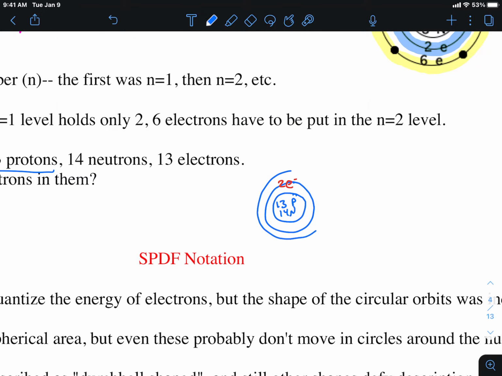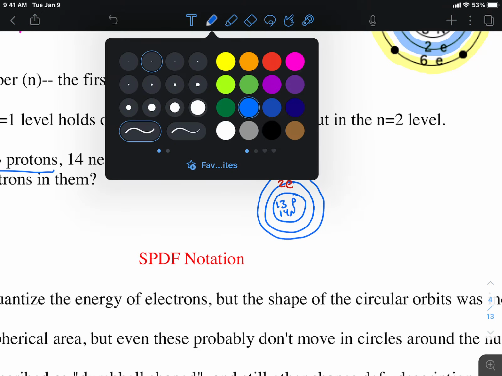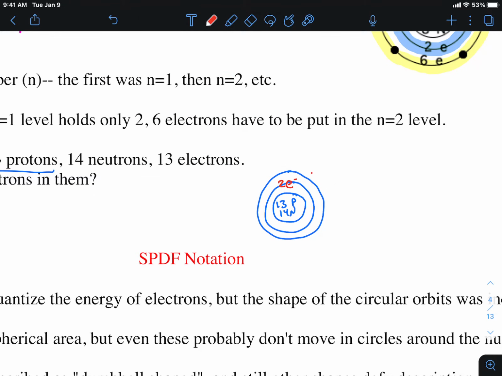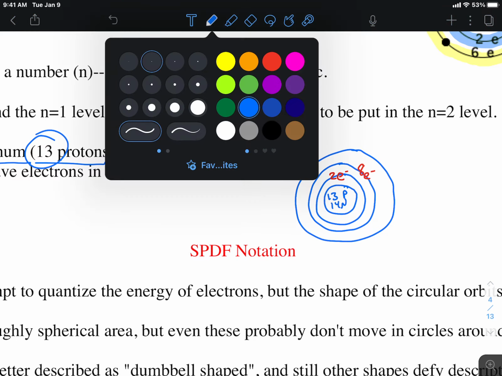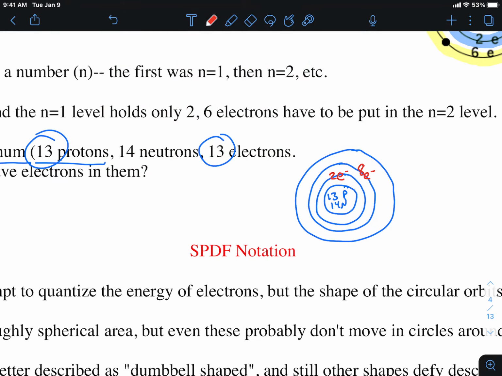In the second energy level, there can be 8 electrons. Because we were dealing with 13 protons and 13 electrons, so far we're counting 10 electrons, which means in the third energy level, there's only 3 electrons remaining. So this is what the Bohr diagram would look like for aluminum.